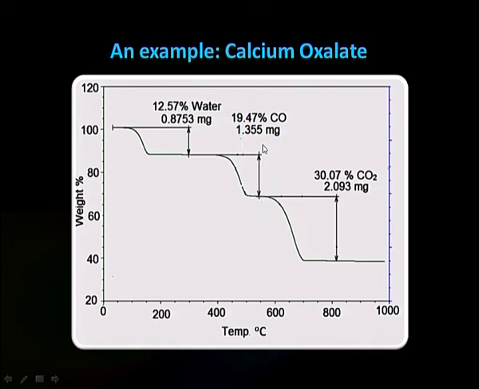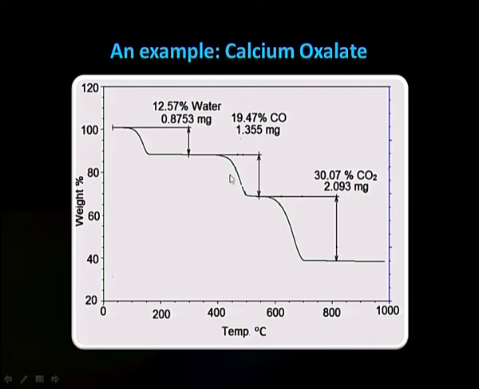In the second step again we see that there is a loss in weight percent, and here the loss is 1.355 milligrams, which indicates the loss of 19.47% carbon monoxide. In the third step we see the loss of about 30.07%, which is due to carbon dioxide, and you can see here the temperature is about 600 degrees and the loss in weight is 2.093 milligrams.